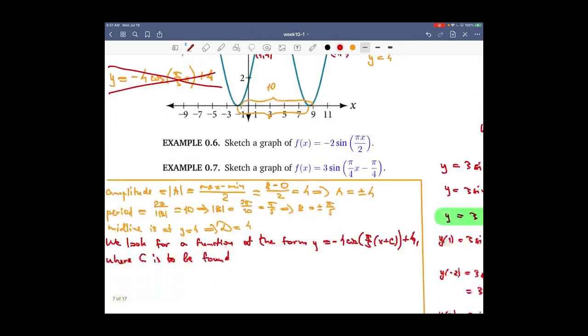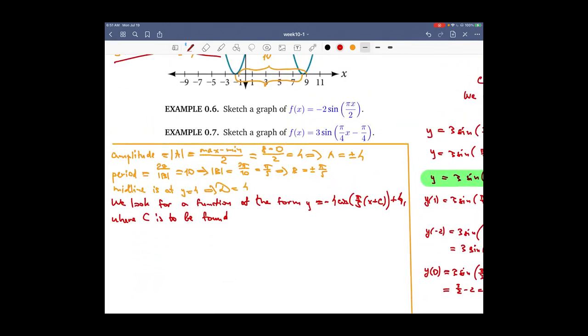So we can try to find C by equating y at 1 to 4. We believe y at 1, much like y at 11, is 4.